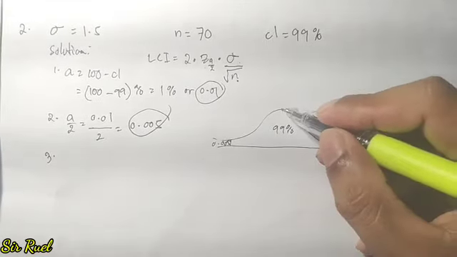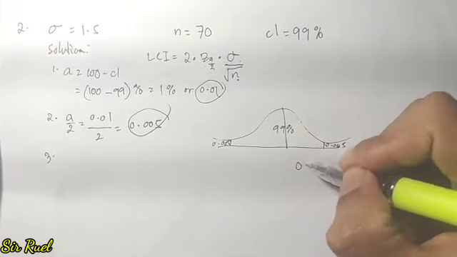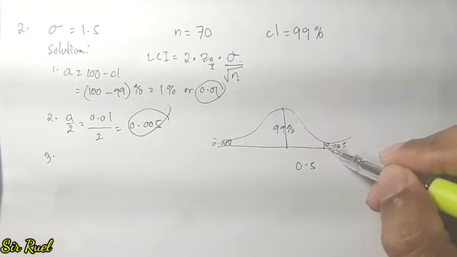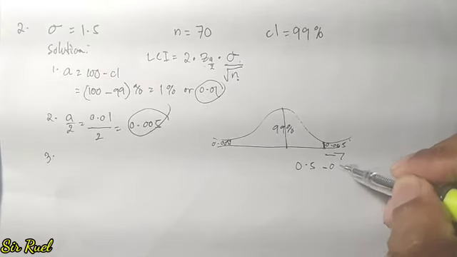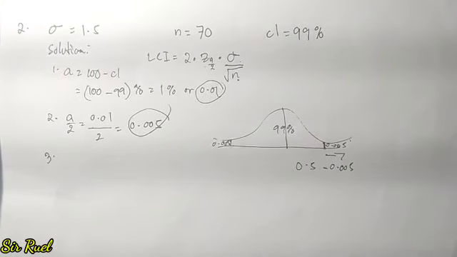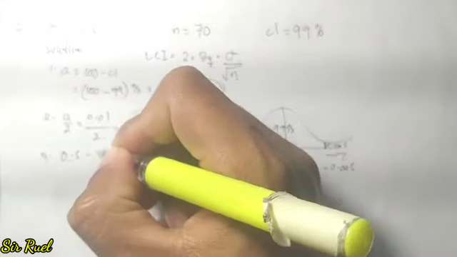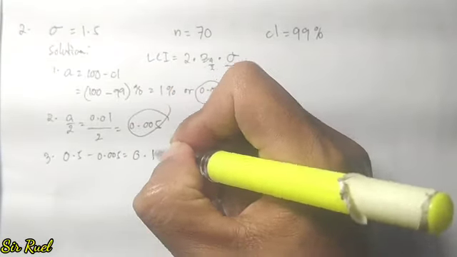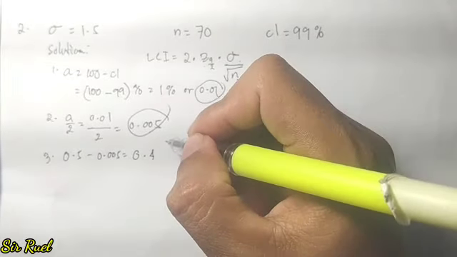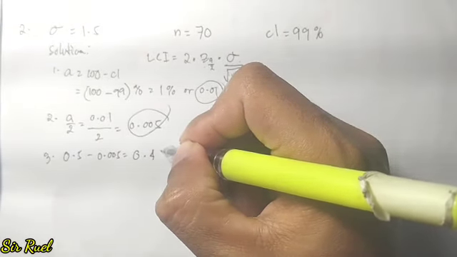So alam natin mula center papunta sa left or sa right is 0.5. Isusubtract natin dito, etong area na to. So minus 0.005. Kaya meron tayong 0.5 minus 0.005 is equal to 0.495. Anong sunod?